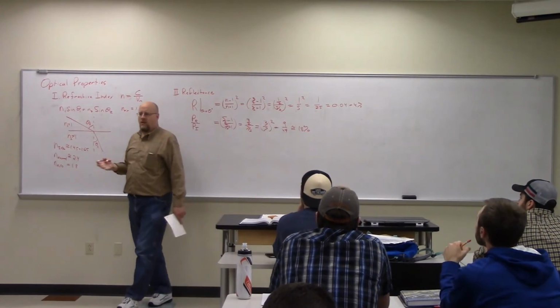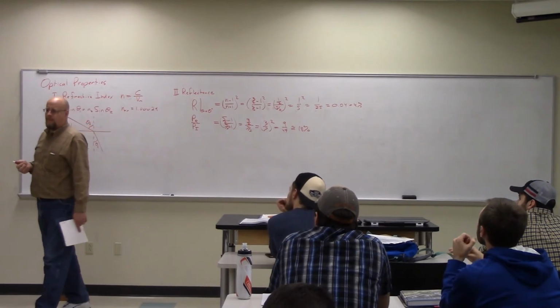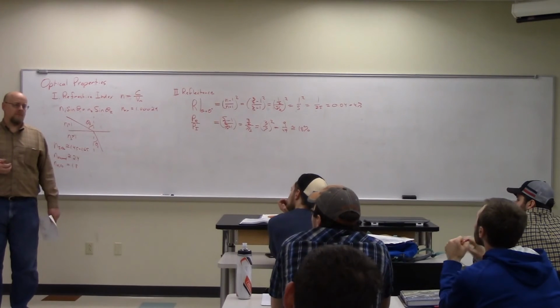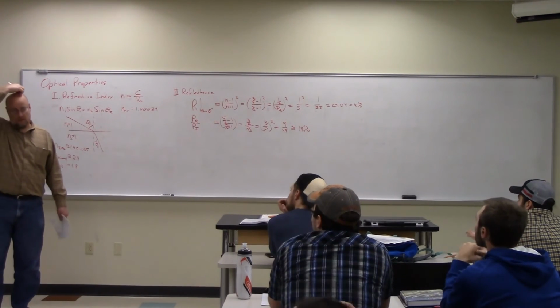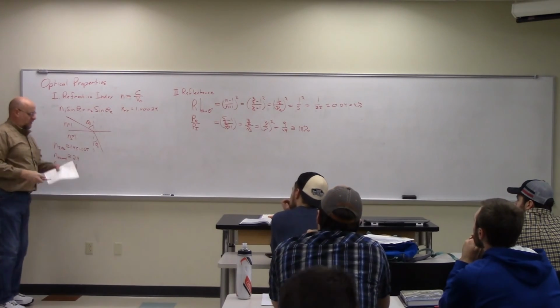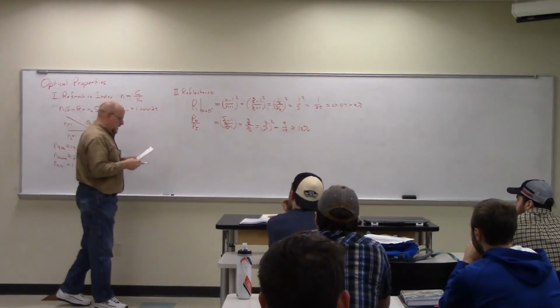So 18% of the light is reflected off a diamond. So diamonds are sparkly, because a lot more of the light that shines on them is reflected. There are other issues we'll talk about later too if I have time.